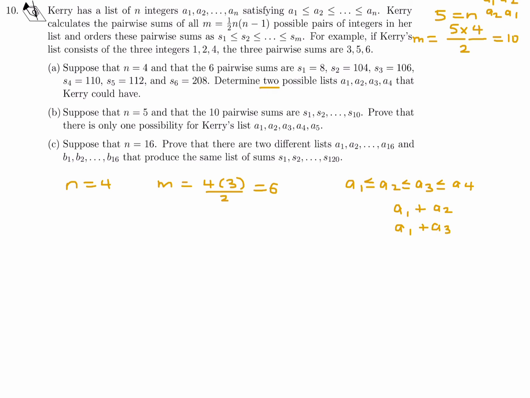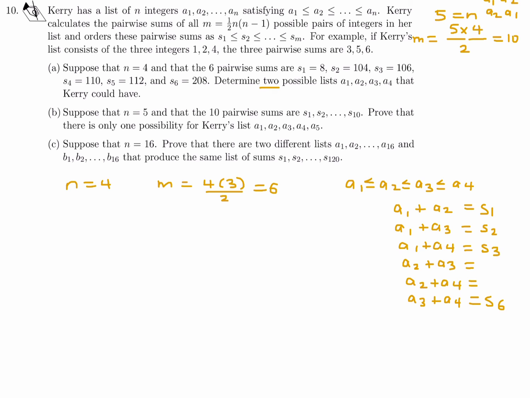a1 plus a2, a1 plus a3, a1 plus a4, then a2 plus a3, then a2 plus a4, then a3 plus a4, and I believe that's all of them. Now I have to assign them to S1, S2, S3, and so on. I'm confident that S1 is the smallest and S6 would be the biggest.